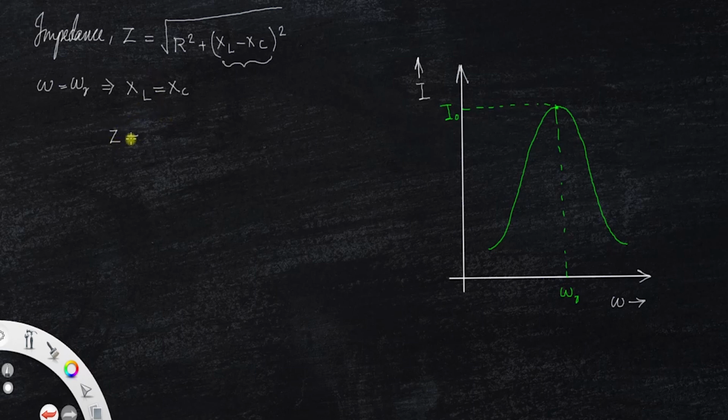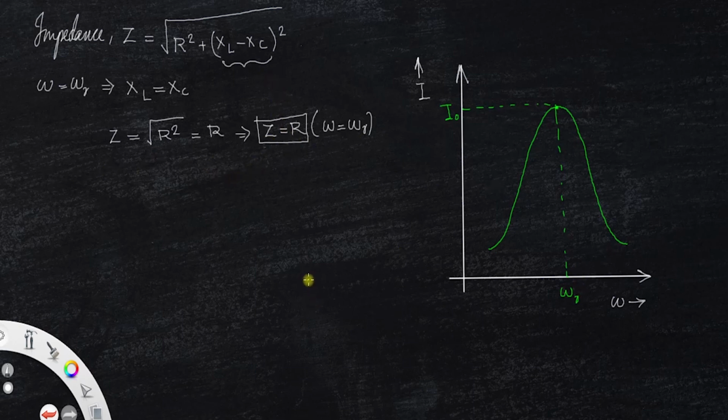So Z is equal to root of R square, which means R. That is, Z is equal to R when omega is equal to omega r. Clear? Keep this in your mind, which also implies that the impedance of the circuit is equal to the resistance of the LCR circuit at resonant frequency.